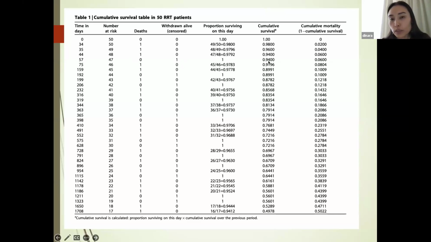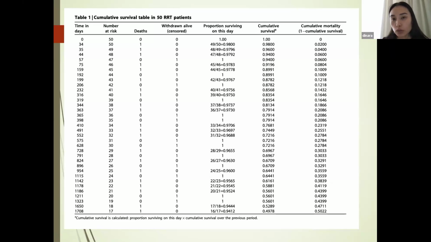And survival probability would be the same, so no deaths were observed. And the same happens with all the recorded deaths and all the recorded censoring. So this is the Kaplan-Meier survival table when we count deaths and censored patients and calculate cumulative survival.